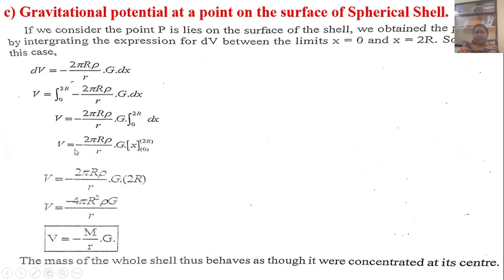So V equal to minus 2 pi R into rho into G upon R. Integration of dx is x. So after taking limits, we get V equal to minus 2 pi R into rho upon R into G into 2R. Therefore V equal to minus 4 pi R square rho into G upon R, and therefore V equal to minus M upon R into G, and the mass of the whole shell thus behaves as though it were concentrated at its center.